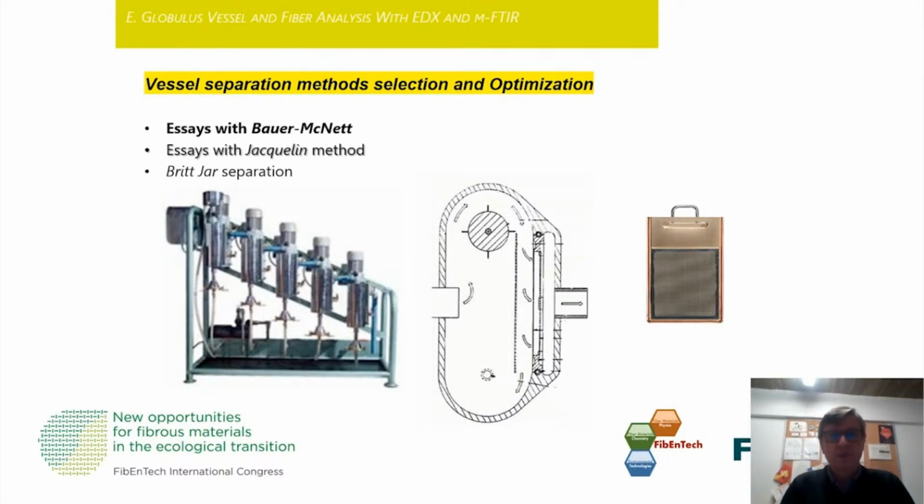The first was to separate using the Bauer McNett. It's an equipment with a series of screens, and we also made assays with the so-called Jayme method, and also we used Britt Jar separation.